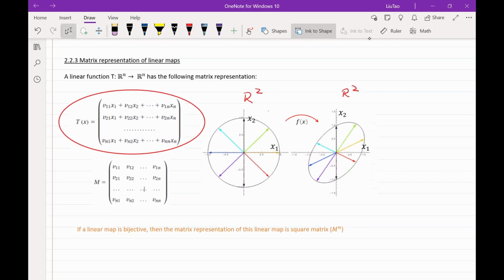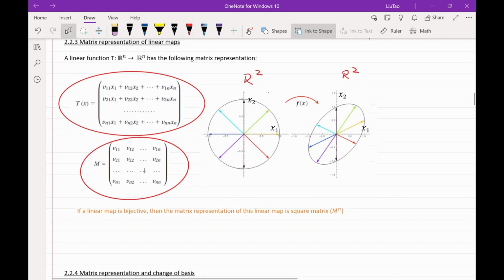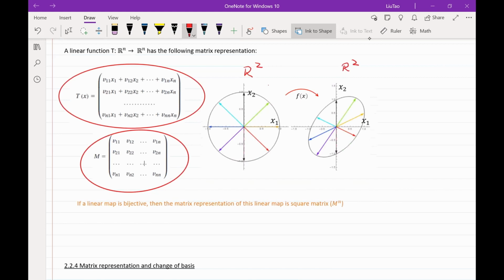If we take the input vector x1, x2, and all the way to xn, we will get its matrix representation of the linear map. So given this matrix, if we have an input vector, we can get an output in this space.